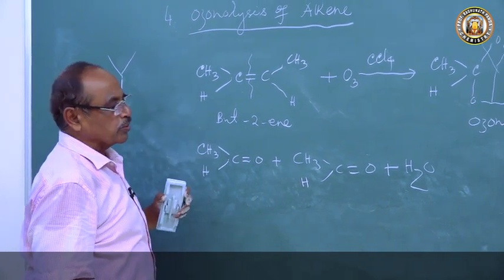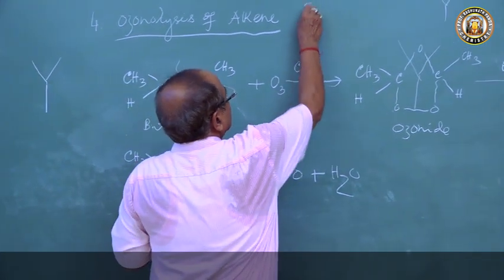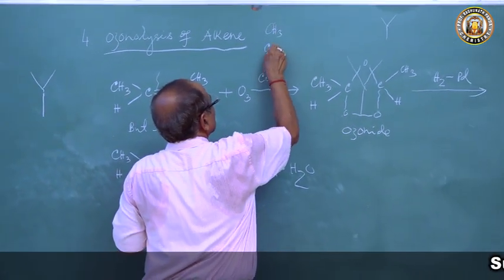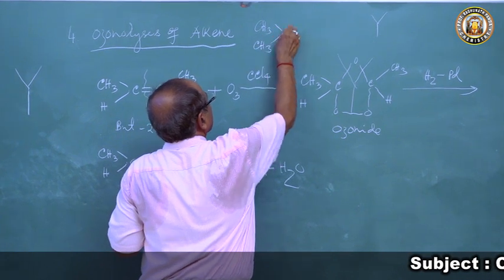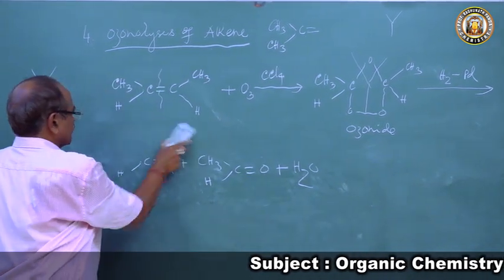Now suppose you want to prepare acetone. This is the acetone we want to prepare, which means the two halves of the alkene's double bond should each be this.